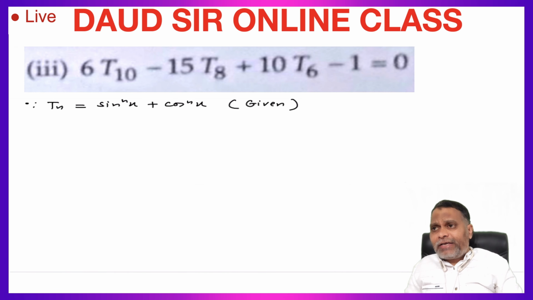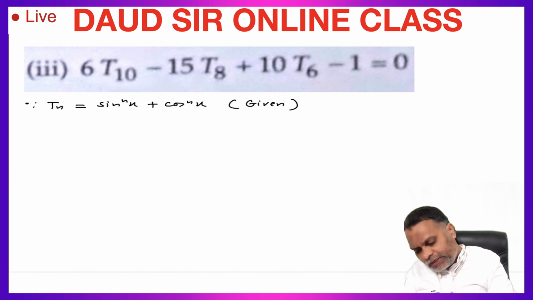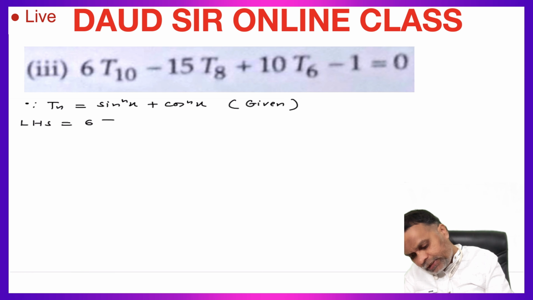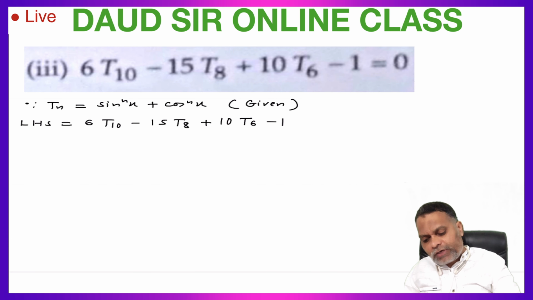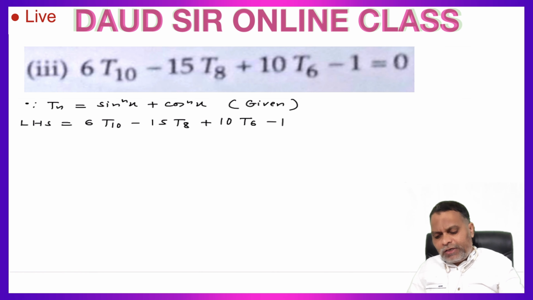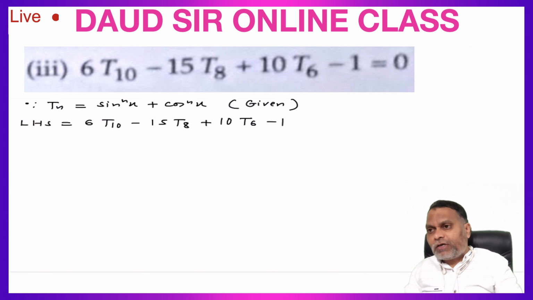So by taking left hand side, taking LHS is equal to 6t10 minus 15t8 plus 10t6 minus 1. It is looking very lengthy, and here t10 means sine raised to the power 10 and cos raised to the power 10.